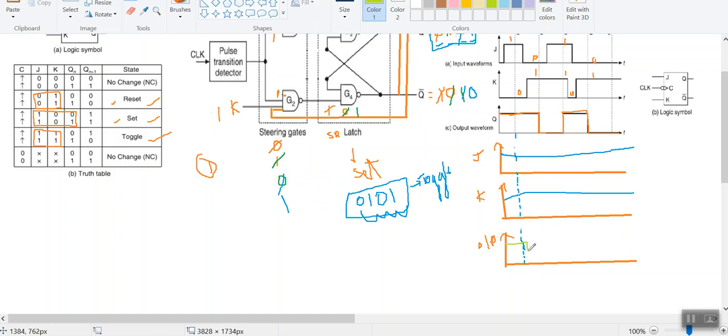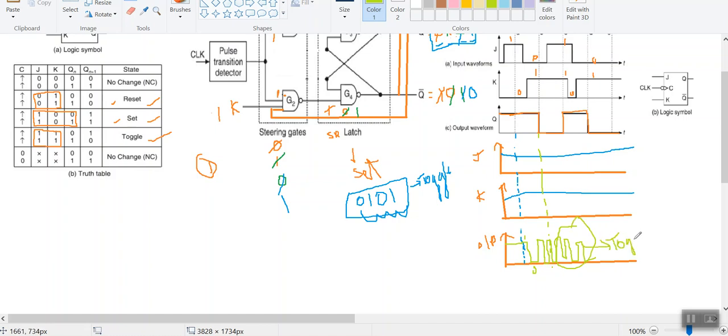Therefore it is moving from 1 to 0, and then 0 to 1, and then 1 to 0. Like this it is occurring up to the second interval. Like this again it is moving from 0 to 1 and 1 to 0. So this is our race around condition, or else toggle state is occurring.